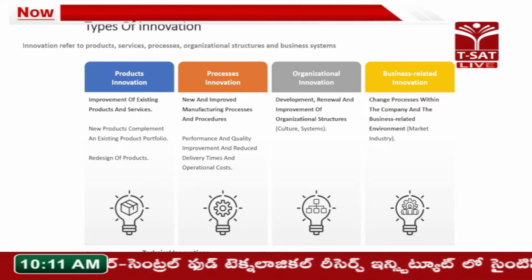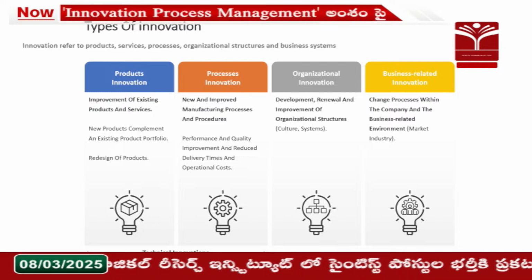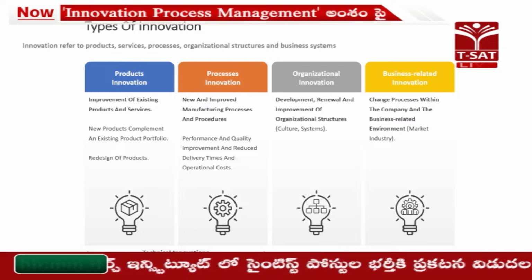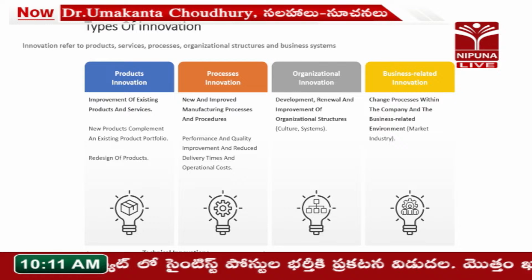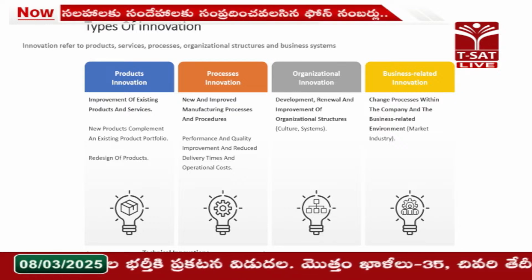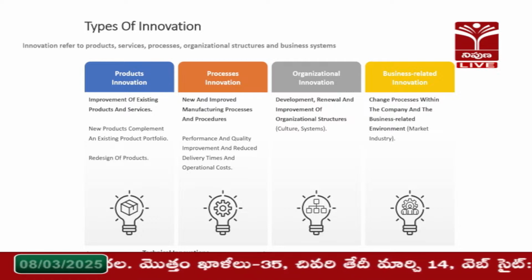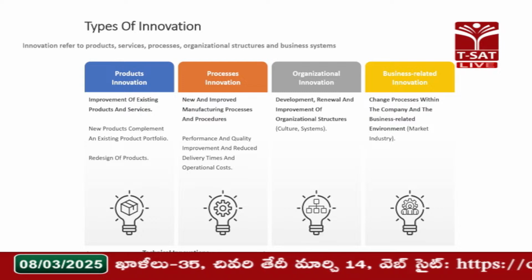When I say innovation, it is like a product innovation, a process innovation, organizational innovation and business model innovation. So, when you say the product, it is like a new product you are coming out with, or a product where you are adding some new features in it, some value addition in it.